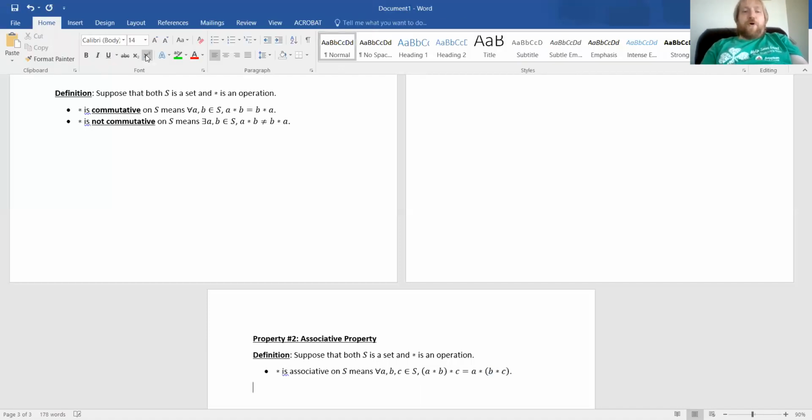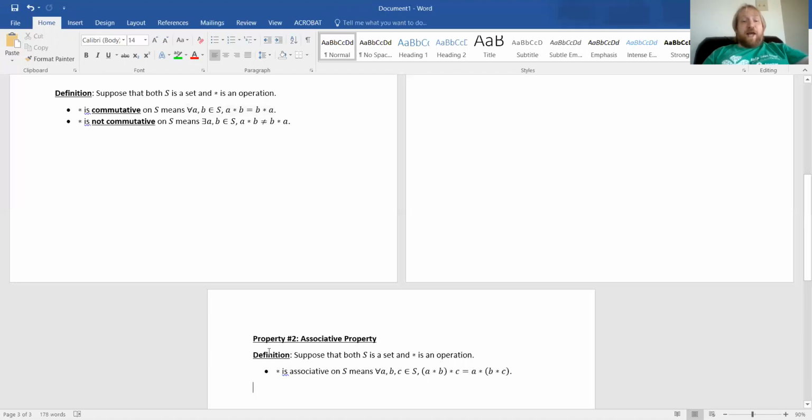Now, before we go anywhere with this, it is important to distinguish commutative from associative. This is a concept that many beginning abstract algebra students get confused. Commutative involves two elements, A and B, and it says that you may replace A star B with B star A. In other words, you may move the order that the elements are written in.